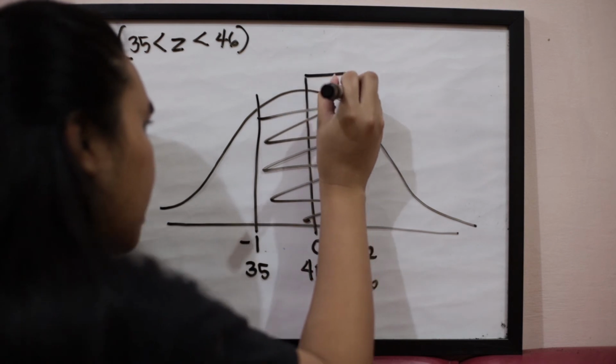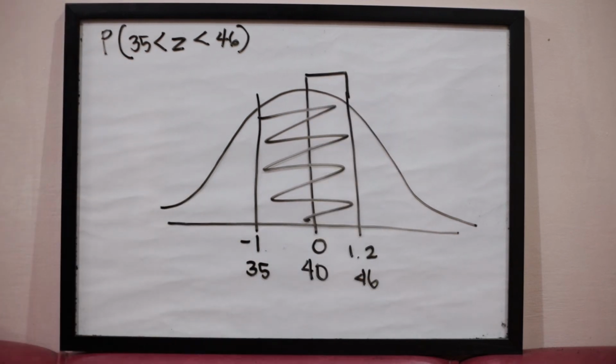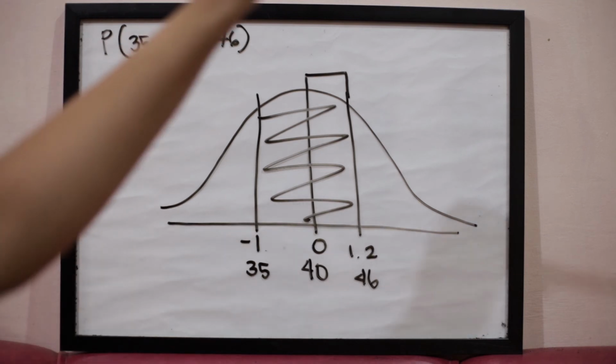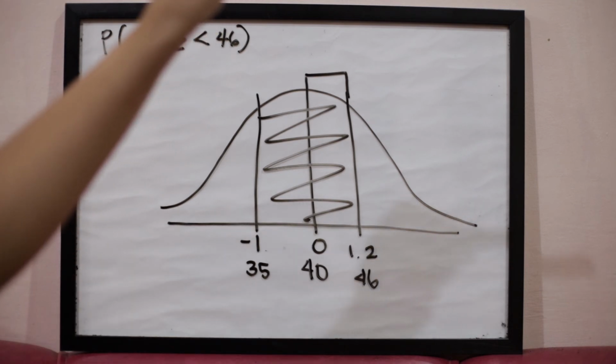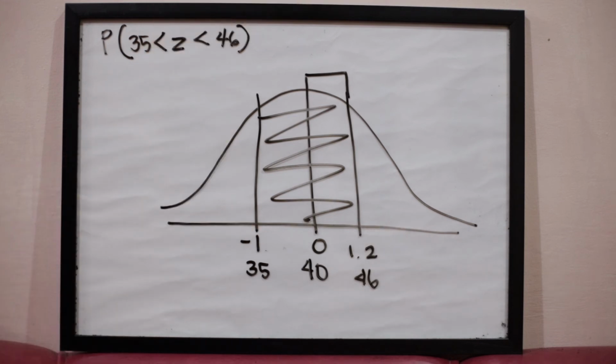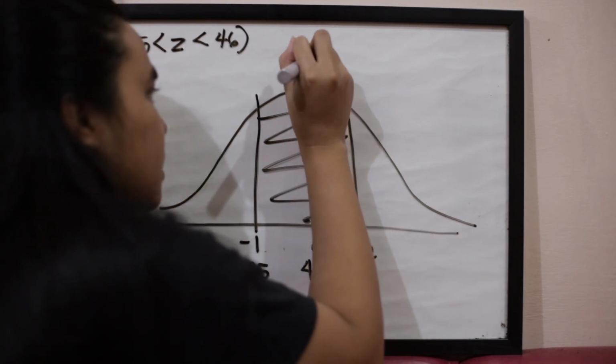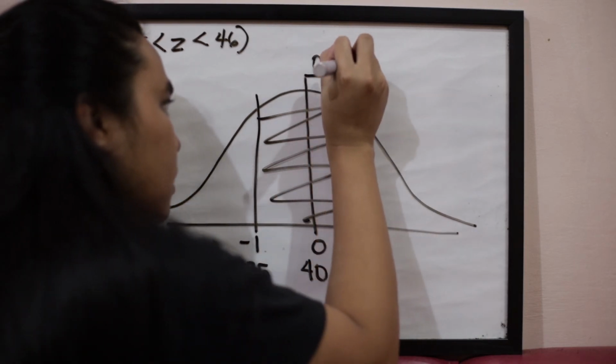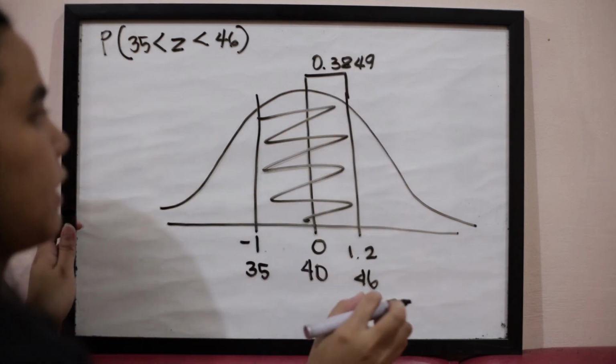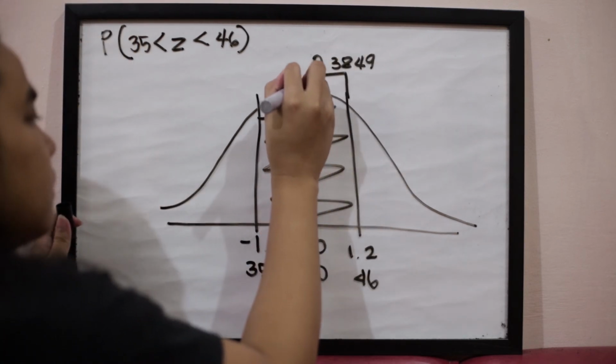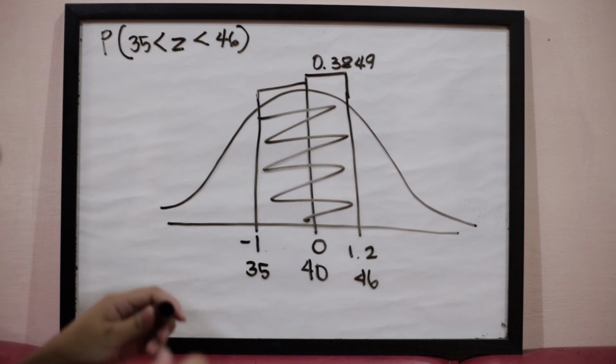So, 0 to 1.2 is what? 1.2 for the first column, then 0 for the first row. And that is 0.3849.